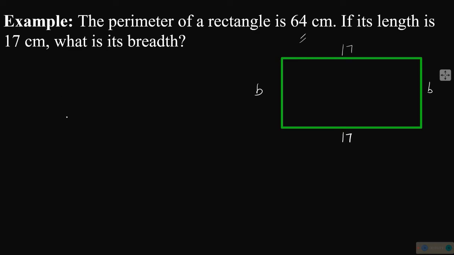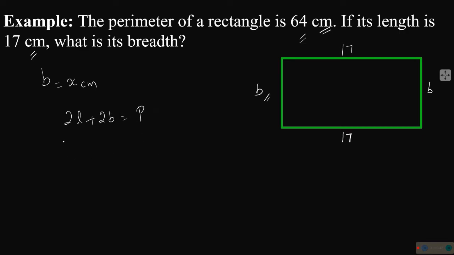So we know that, let breadth be equal to x centimeter. All these are given in centimeter, so you will be getting breadth also in centimeter. And we know that 2 into length plus 2 into breadth is the perimeter.